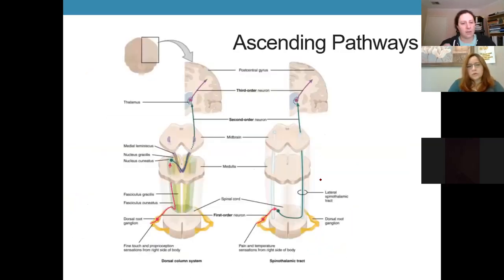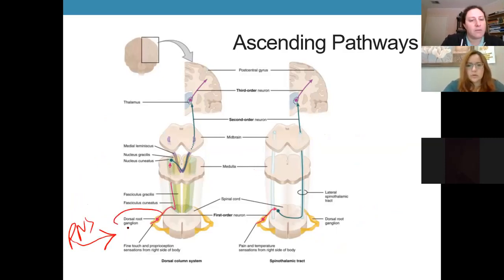So let's take a look at that with a picture. Okay, so we have sensory reception out here somewhere in the peripheral nervous system. Sensory information is running through this first order neuron whose cell body is in the dorsal root. And then we're going to synapse in the dorsal gray matter of the spinal cord.